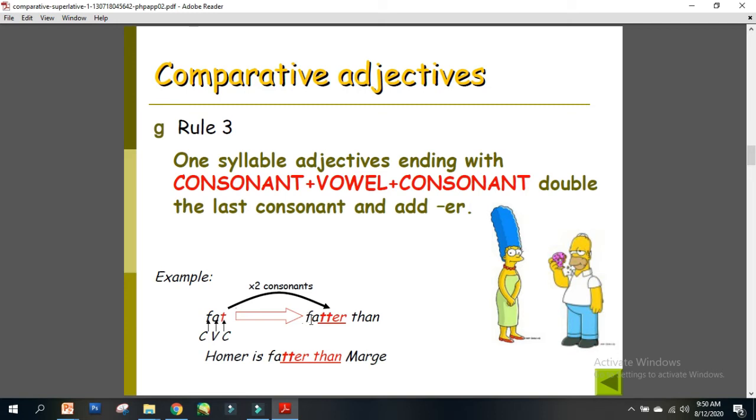For example, fatter. We cannot use fatter with one T; we have to use fatter with double T. Here is the example sentence: Homer is fatter than Marge.